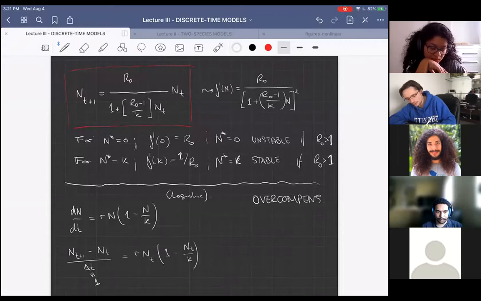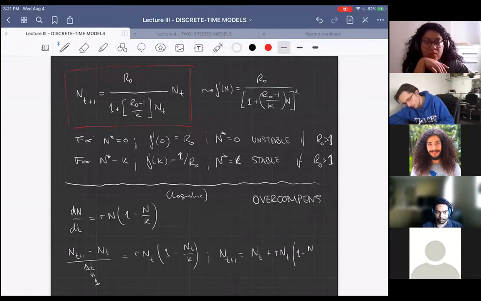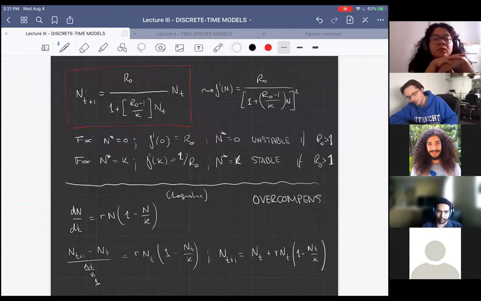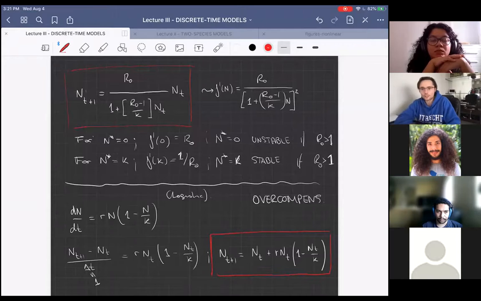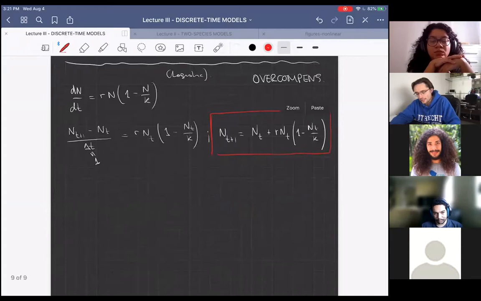That's not a very big deal. And then I can say, okay, N_{t+1} is equal to N_t plus r N_t (1 minus N_t over K). So this is the discrete time version of the logistic equation, the logistic model in difference equations.